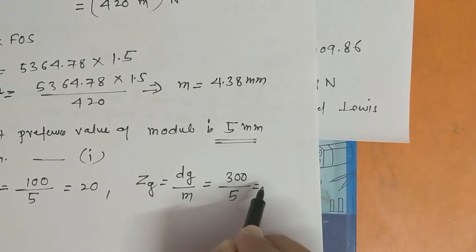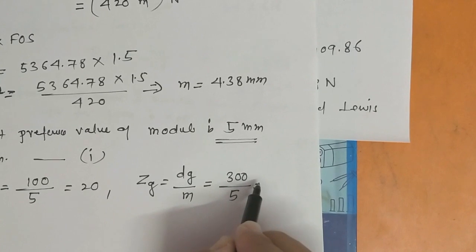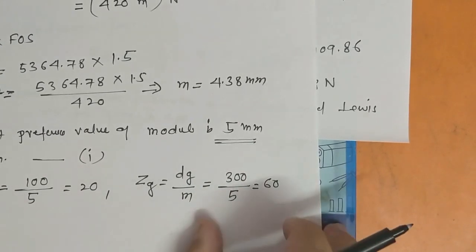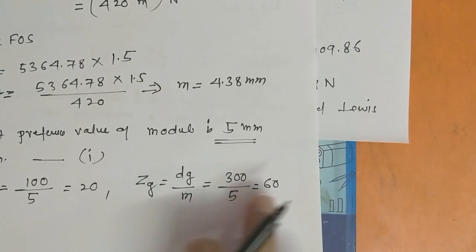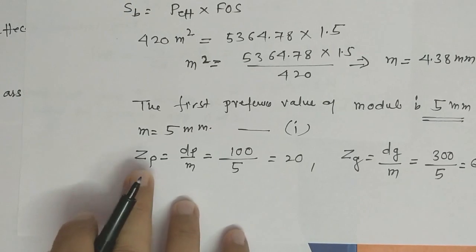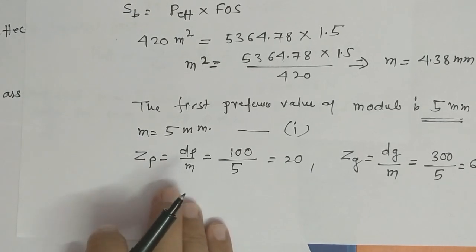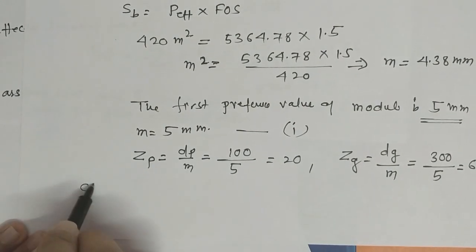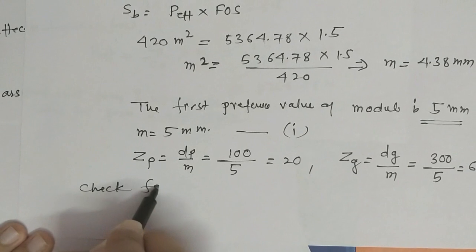So this is 60. So the number of teeth on the gear is 60 and the number of teeth on pinion is 20. So now we'll check our design.